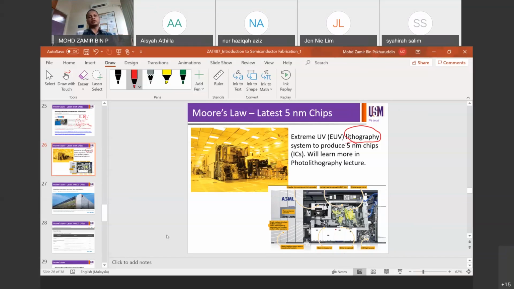To be able to print small sizes, if you're talking about sub 10 nanometer, or in fact 22 nanometer and below, you dah kena ada EUV lithography system. The size is very big, as you can see from the image here.